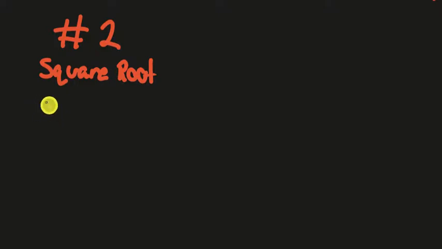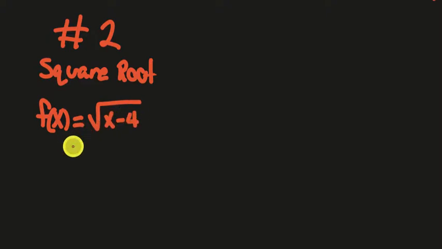So let's say we had f of x equals the square root of x minus 4. We need to set the inside of the square root greater than or equal to 0, which just means it cannot be negative. It can be positive or it can be 0.